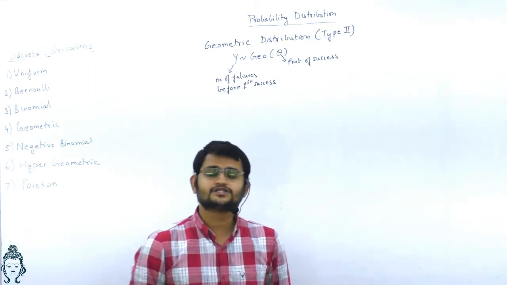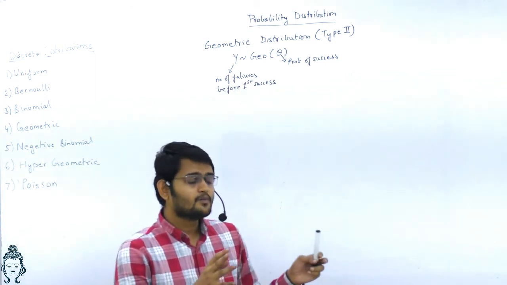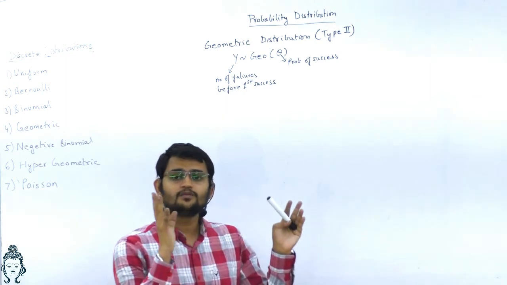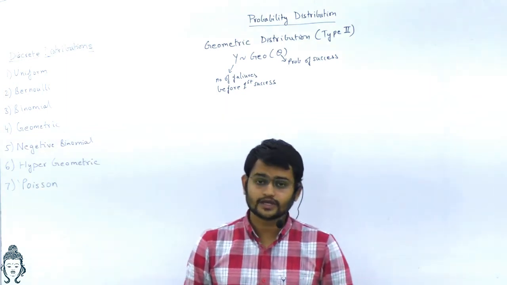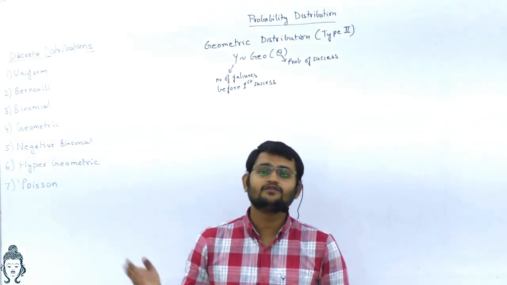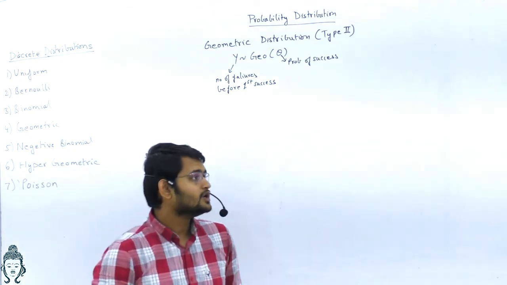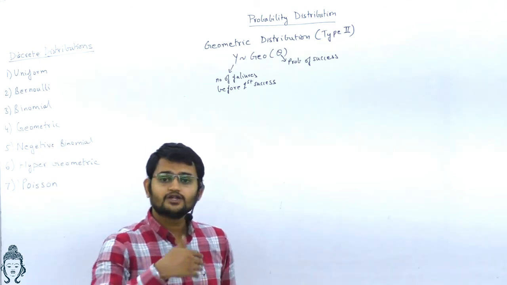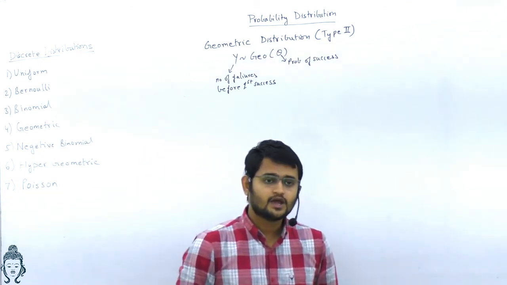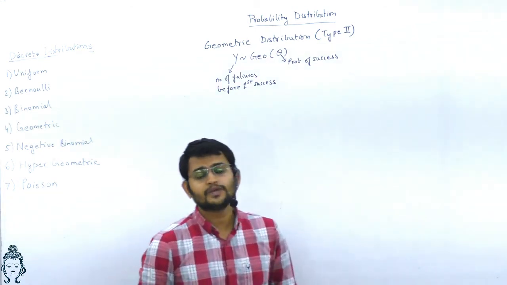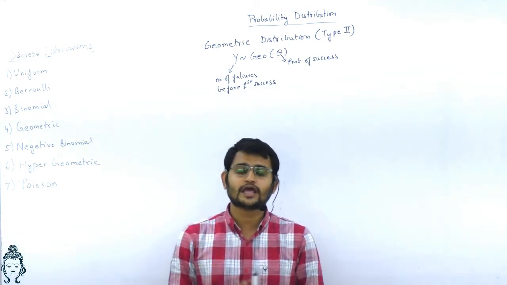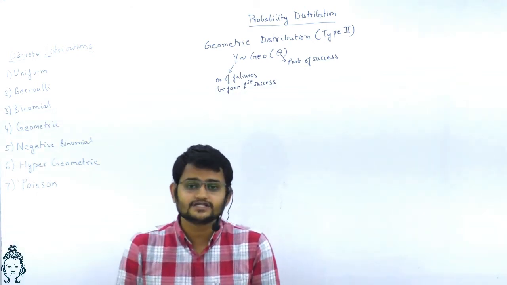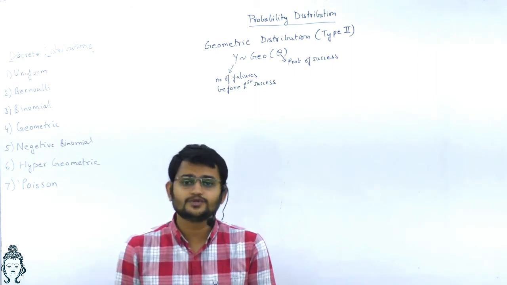But here, let's assume that the possible number of claims you can get on a car in a particular year can be infinite. So the maximum value is going to be infinity, but the minimum number of claims, or accidents, that a car can have is going to be 0.